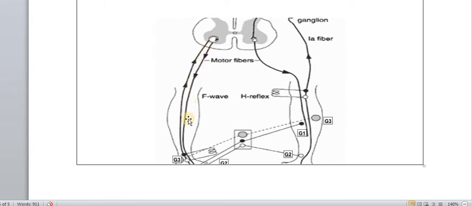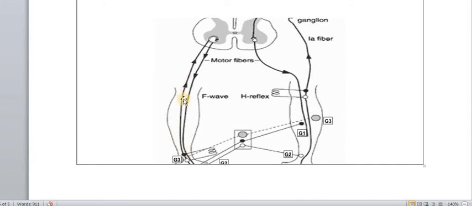Now when it comes down, it will again give you a muscle contraction here, which means there will be two muscle contractions. First muscle contraction is by the direct stimulation to the muscle going down. Second muscle contraction is when you go up and come down. So now again NCVs are calculated. When you calculate NCV from this place to this place it is normal.